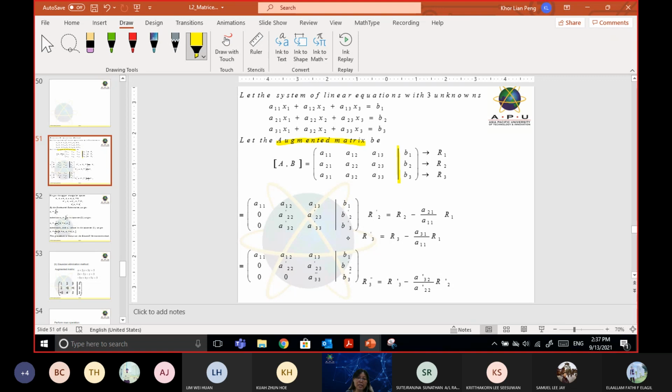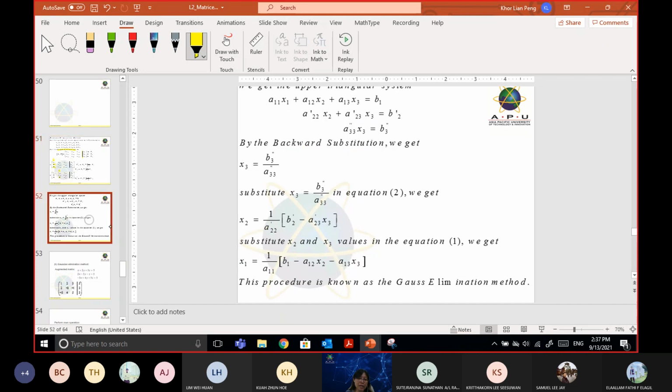Then we will conduct the elementary row operations. We start with the first column, changing the second and third elements to 0, starting from the second followed by the third value. Then we proceed to the second column, using elementary row operations to get 0 for the last value.